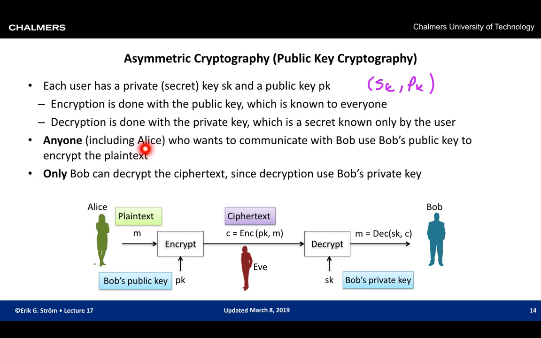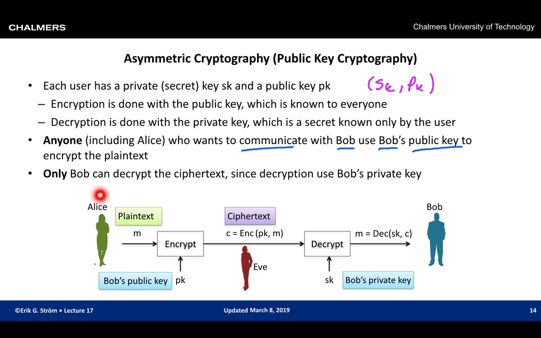Everybody who wants to communicate with Bob uses Bob's public key to encrypt the plaintext. The decryption, however, uses the secret key, and only Bob knows the secret key. So only Bob can decrypt.